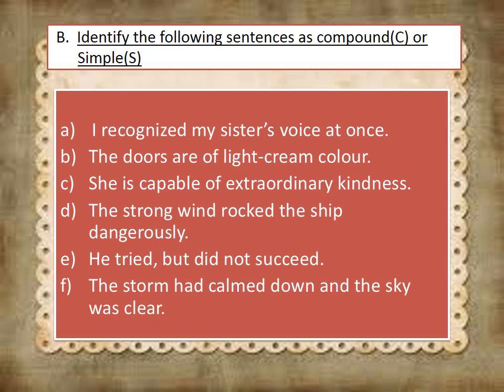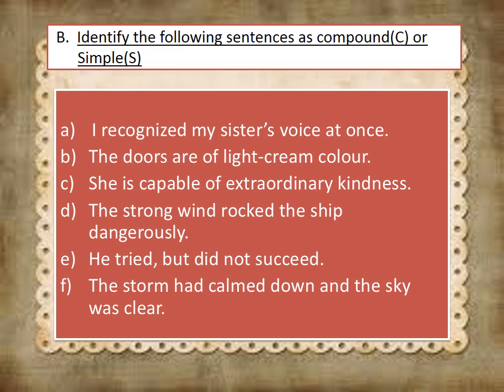Now sentence E. He tried, but did not succeed. This sentence consists of two clauses. First, he tried. Second, he did not succeed. Since both the clauses are referring to the same person, he is not used repeatedly. And both are independent clauses.